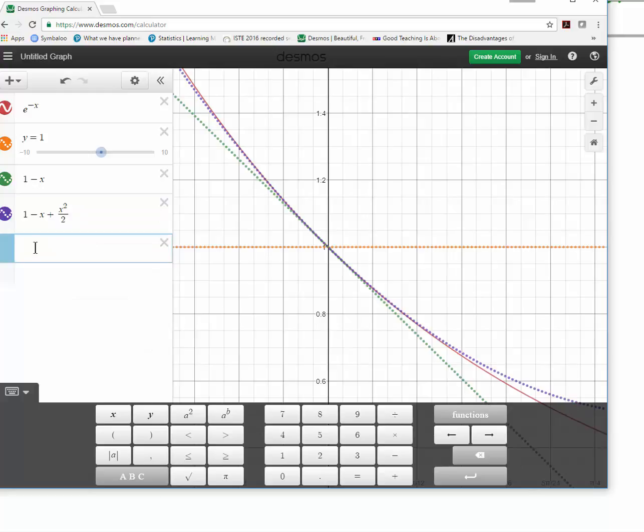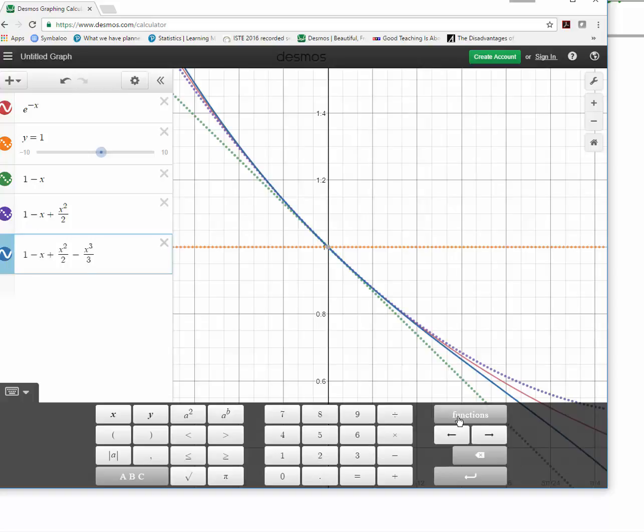So let's go ahead and enter that fourth degree polynomial: 1 minus x plus x squared over 2 minus x cubed, and this x cubed will be divided by 3 factorial.